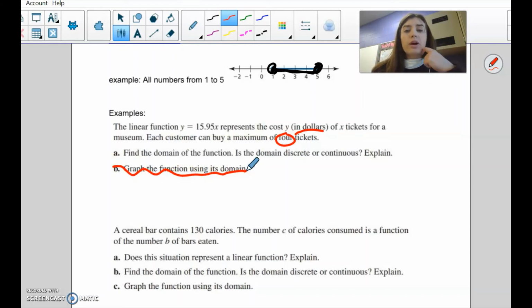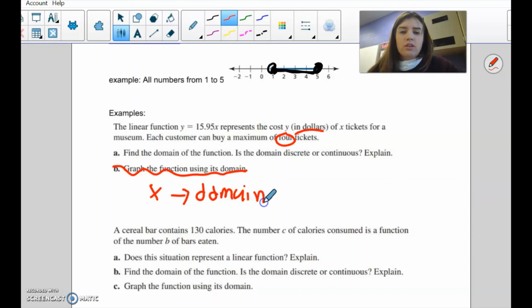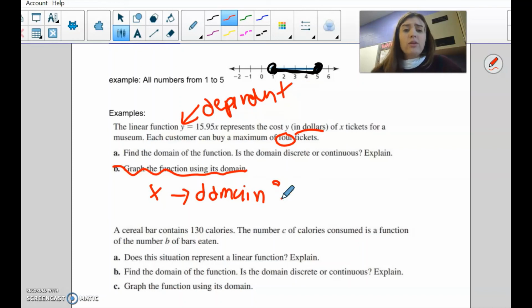So first I want to talk about what's the independent variable here. It's x. This is also known as our domain. And our dependent is y. Y depends on what we plug in for x. So our question is, what is x? They don't give us specific numbers. They don't tell us explicitly what we're going to plug in.